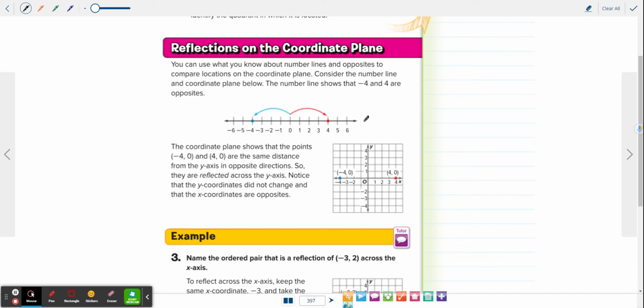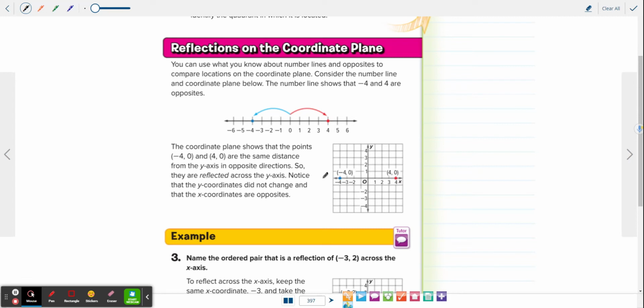Okay, now reflections on the coordinate plane. If you think of a reflection, think of a mirror. The image is bounced back at you, and you're seeing the reverse of that image, right? So if you have words on your shirt, they're going to be reversed when you look at them. So a mirror image is the reverse of it. If they're asking us to look at the reflections, they'll say across the y-axis or across the x-axis.